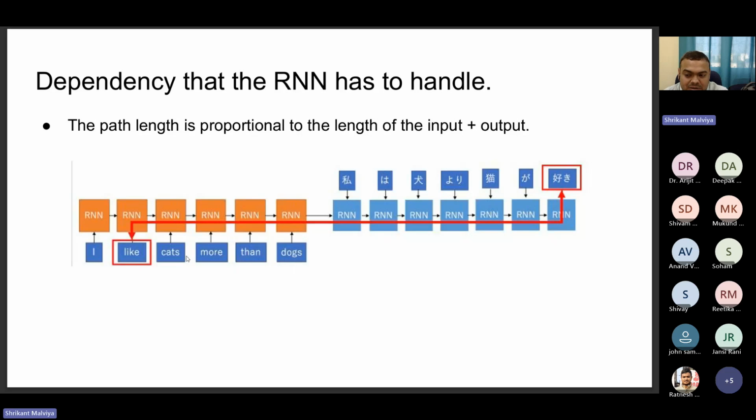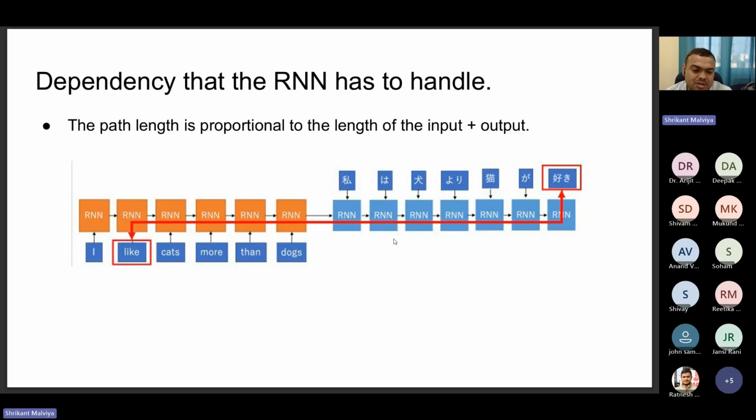sequence. The other problem is if the input sequence is very large, then the output sequence will obviously be large, and the generation will have to attend to so many nodes that it may lose some of the information which is long back in the sequence. This is caused by the vanishing gradient problem when there is long-range dependency between an output word and an input word.